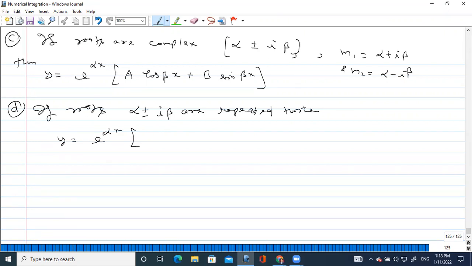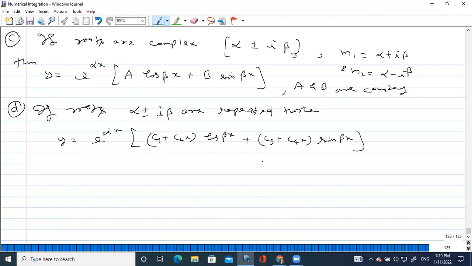Here in place of a single constant, a and b are constants, so two constants I need for this also: c1 plus c2x into cos beta x plus c3 plus c4x into sin beta x. So this type of solution can be there, but it will be lengthy. So up to here only it is sufficient.